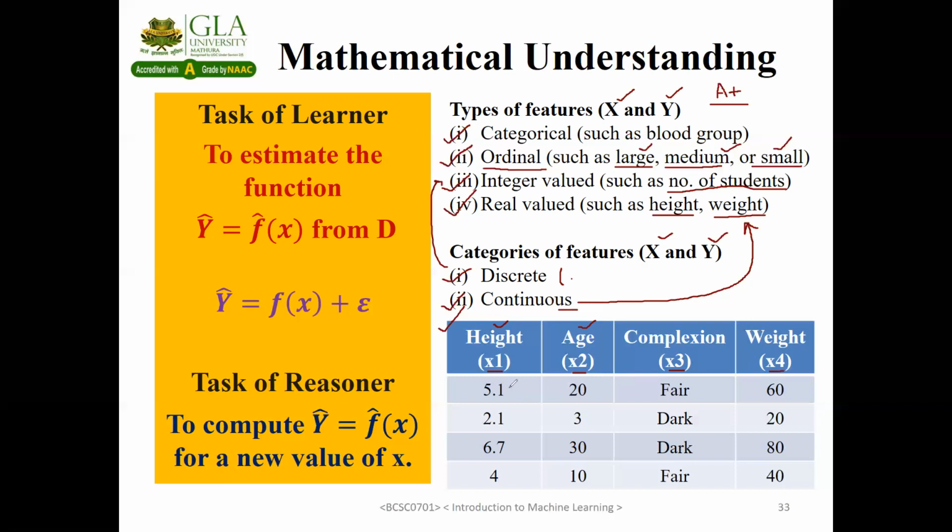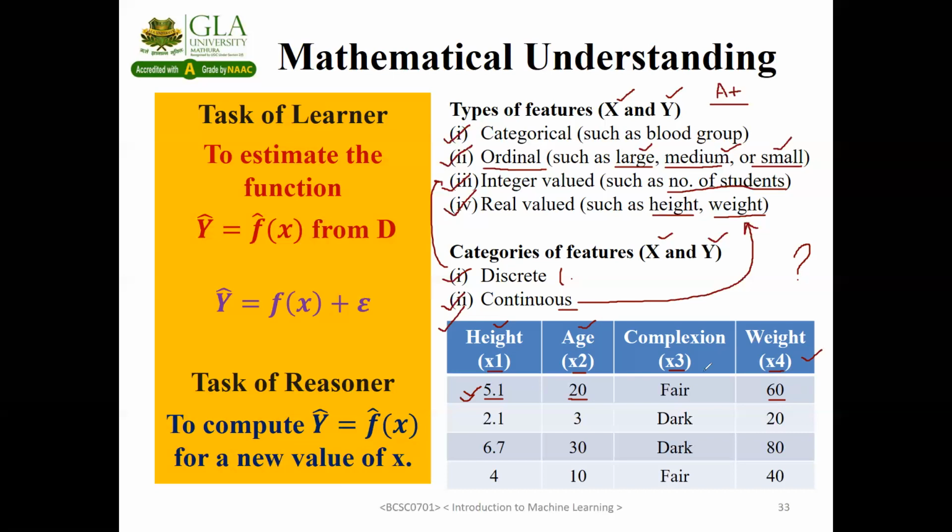Here you can see that height is a real valued feature since the values are represented by real numbers, while age and weight are integer valued features. But here you can see they are represented as integer values, though really are they integers? This is a question to be asked. Usually weight is a fractional number represented by a real number, so usually it will be a real valued feature.